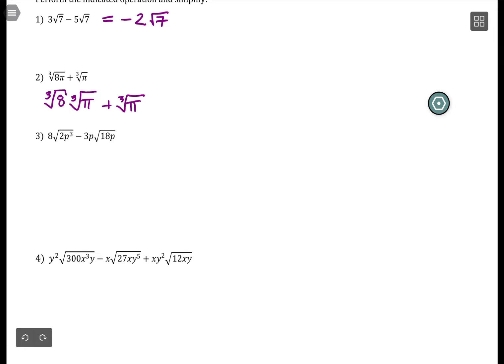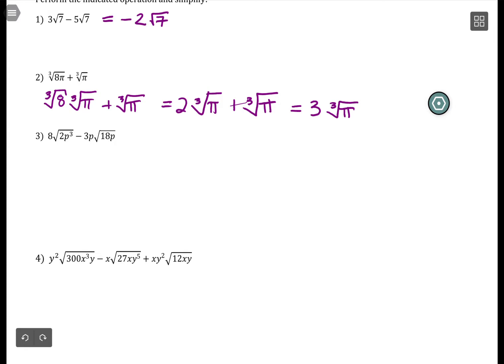And 8 is a perfect cube, so I can say, well, that's 2 cube root of pi plus cube root of pi. So if I have 2 cube roots of pi and I add one more of them, I'm going to have 3 cube roots of pi.